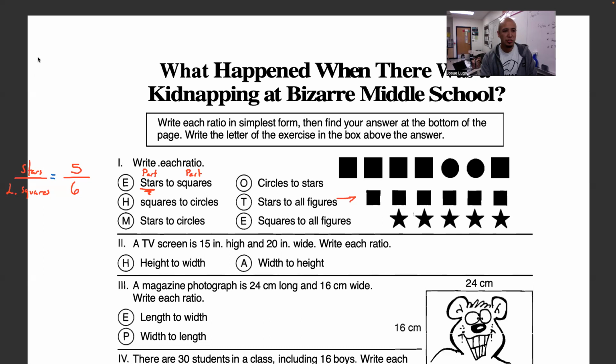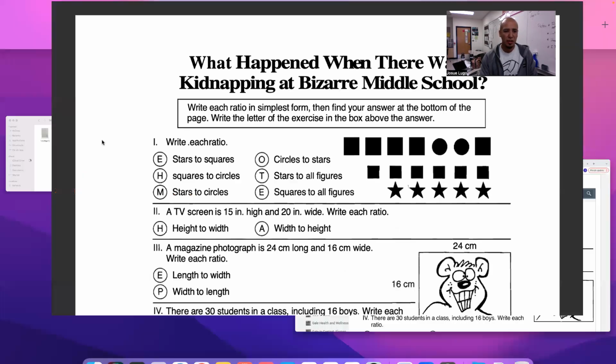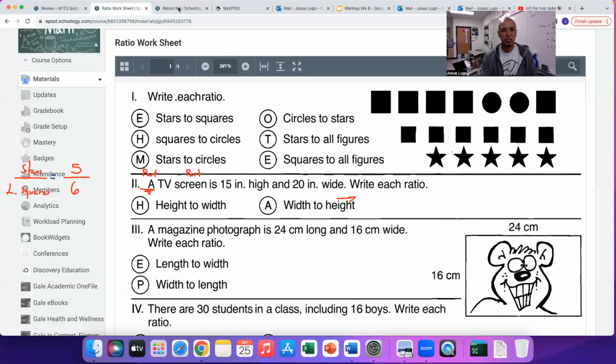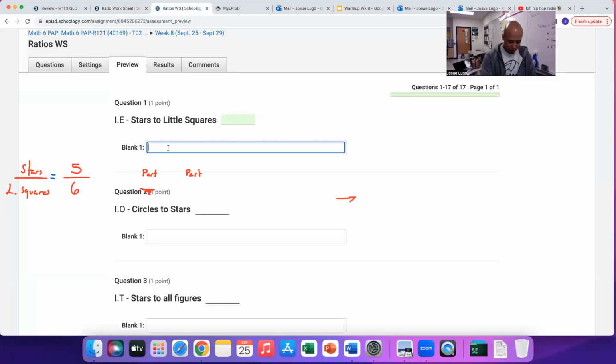All right. Now, if I were to be typing this out on a computer, like I can see here on Schoology, I would literally write 5/6. Now, there's a few different ways of writing this. I could write it as a fraction, just like I did here, 5 over 6. I can also write it using what is known as a colon.